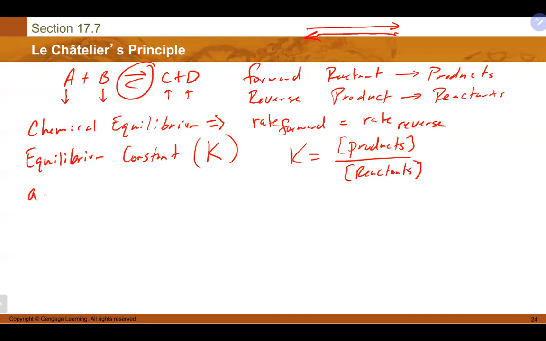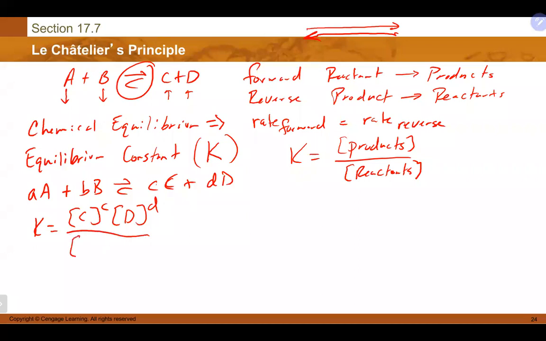If you have a generic reaction like this, the K in this case would be the concentration of C to its coefficient times the concentration of D to its coefficient, divided by the concentration of A to its coefficient and B to its coefficient.